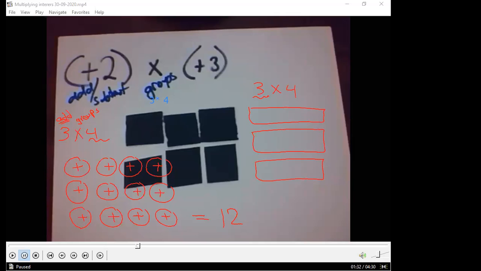Inside each one, I'm going to put 4 positive numbers. So this is 1, 2, 3, 4, three times. All are positive. Then by the end, what is the answer? I have 12. You got the idea?